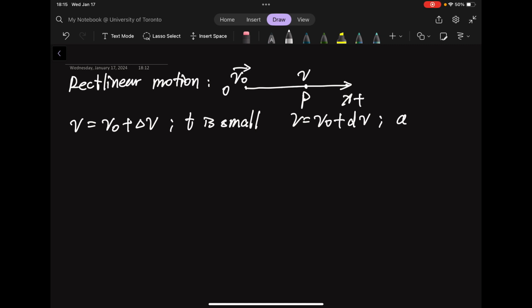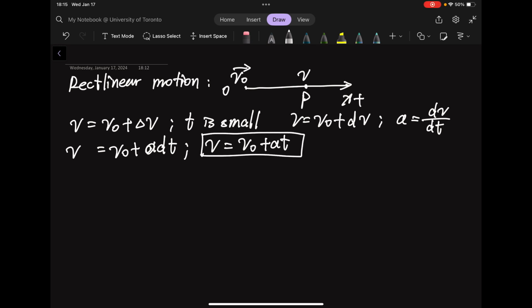According to the definition of acceleration, A is equal to the change of velocity with respect to time. We get V equal to V0 plus A dt. Here dt means the change of time, which is time itself in most questions. So we have V equal to V0 plus At. Here's our equation number 1.